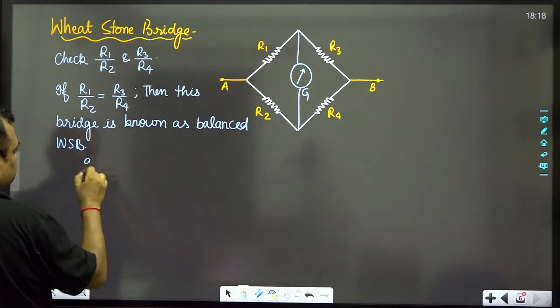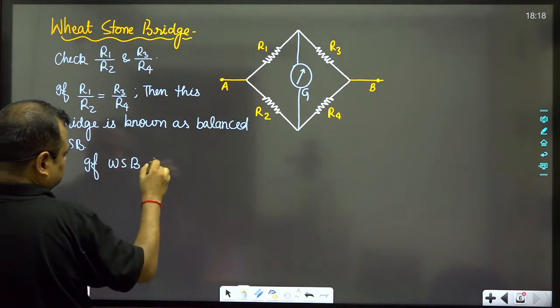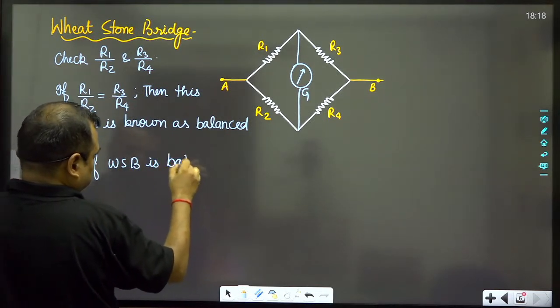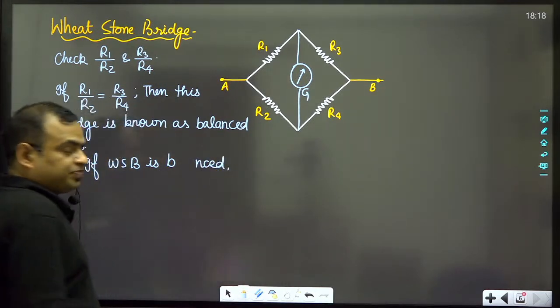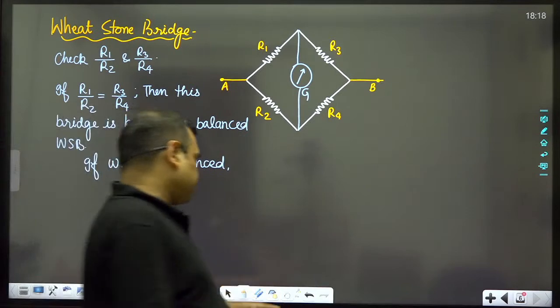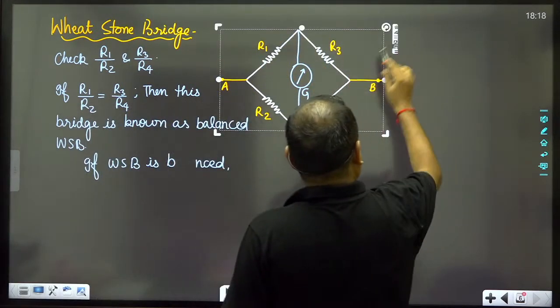If the Wheatstone bridge is balanced, then it can be reduced to this.